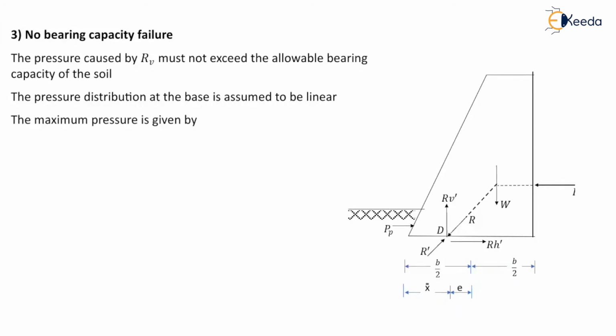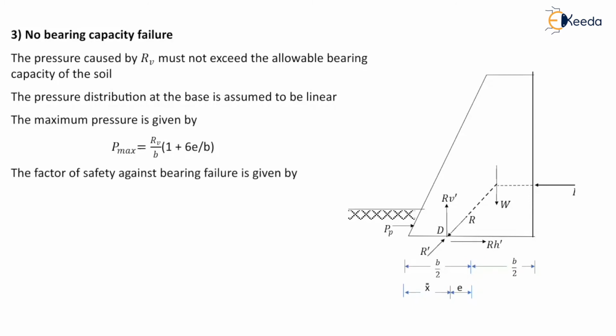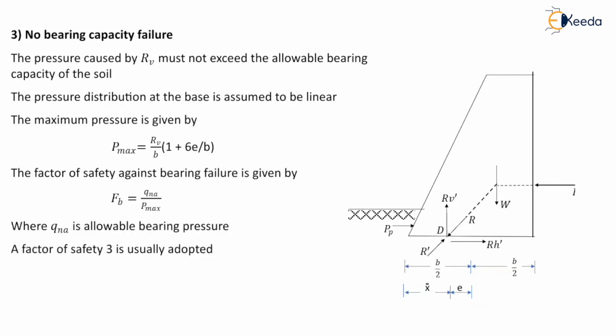The maximum pressure is given by Pmax equal to RV divided by B into 1 plus 6E upon B. The factor of safety against bearing failure is given by FB equal to QNA divided by Pmax, where QNA is the allowable bearing pressure and Pmax is the maximum pressure. A factor of safety of 3 is usually adopted.